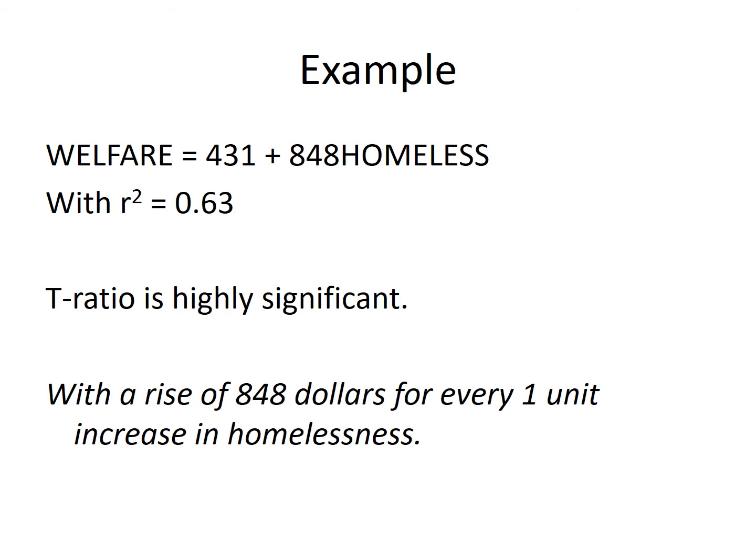And the t ratio is highly significant, so we know that this is statistically significant. So how would we interpret this? With a rise of $848 for every 1 unit increase in homelessness, we would see 848 plus $431 for welfare.